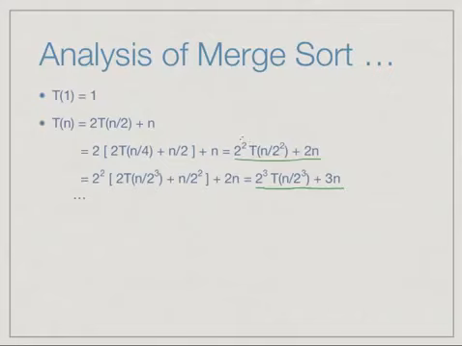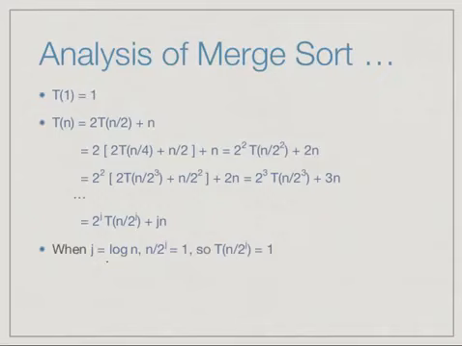So notice that the 2's have become 3's uniformly. So in this way, if we keep going after j steps, we'll have 2 to the j times T of n by 2 to the j plus j times n. Now, how long do we keep doing this? We keep doing this till we hit the base case. So when j is log of n, where by log we usually mean log to the base 2, then n by 2 to the j will be 1, and so T of n by 2 to the j will also be 1.